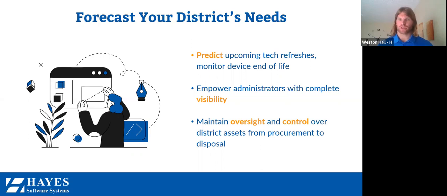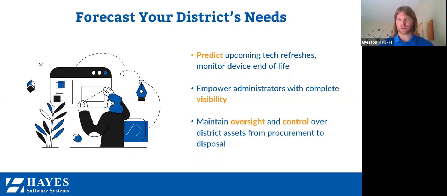Jen, you made a pretty important comment earlier about when you got to the district, you found that many of the mobile devices were coming up on 5-6 years in their life cycle. This is a conversation I love having, because forecasting for future purchases and having a good understanding of how long certain assets have been in the district is fairly important for budgeting purchases.